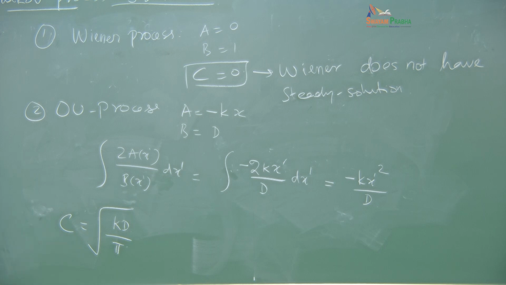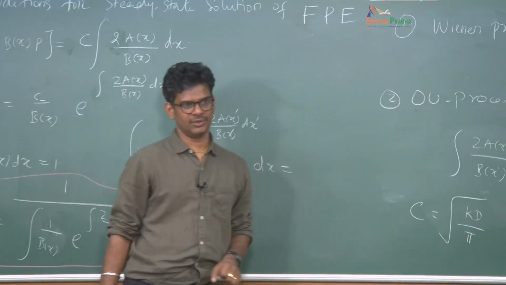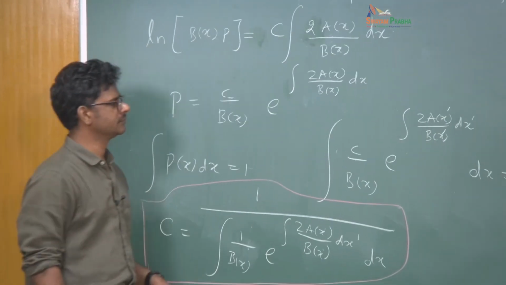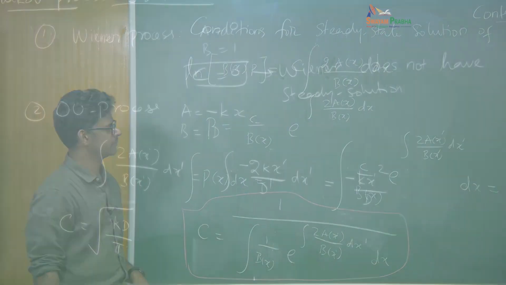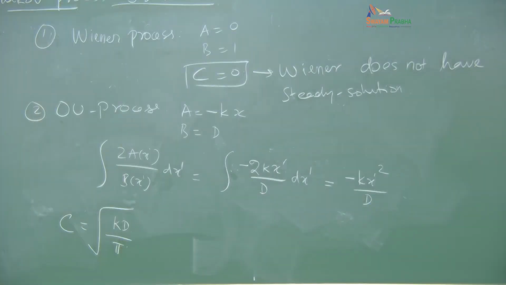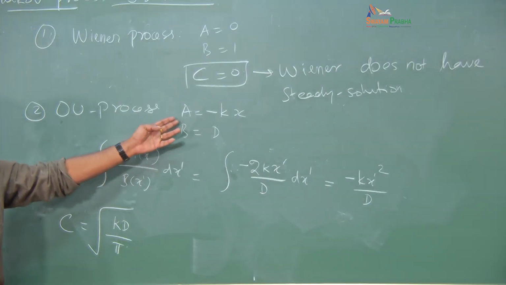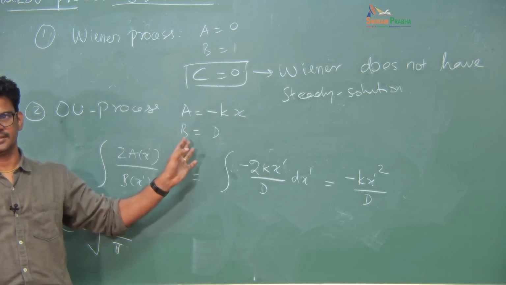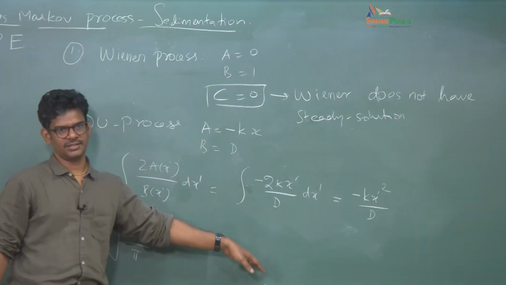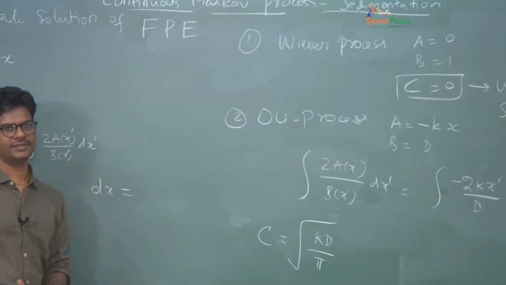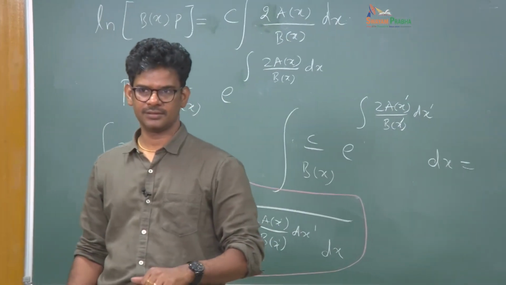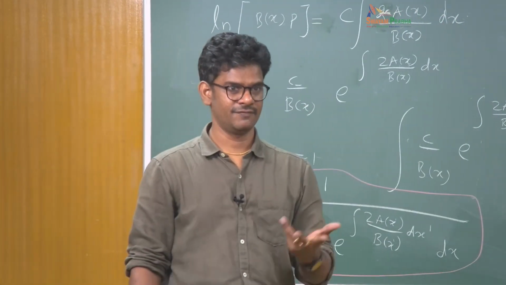So the OU process will also have a steady state solution. You can also substitute the sedimentation problem, where we had A equal to some minus constant and B equal to D. You will see that C will have a finite value.